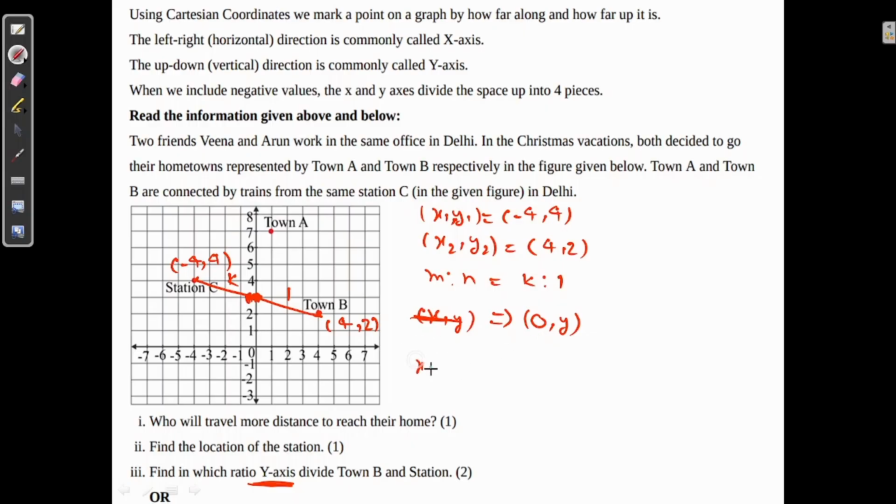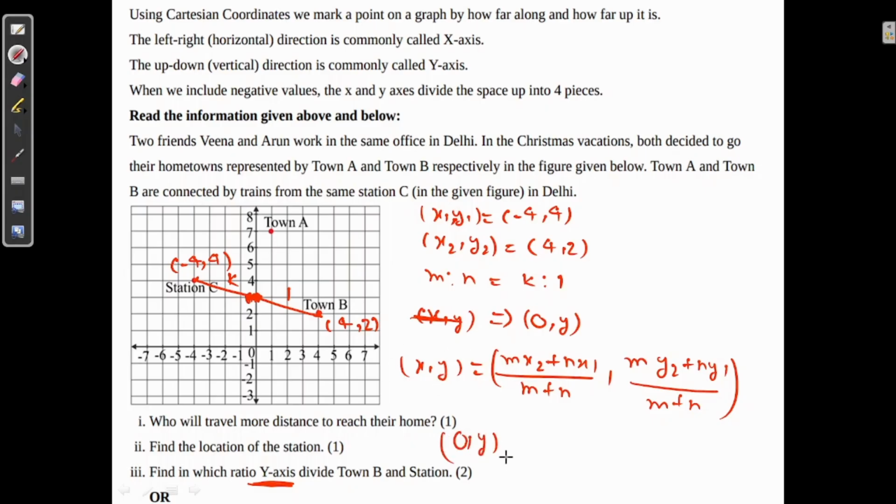Now I am going to apply the section formula, which is x comma y equals (mx2 plus nx1) upon (m plus n), comma, (my2 plus ny1) upon (m plus n). Just simple. So let me put the values here. What is x comma y? The dividing point, I have to take 0 comma y. What is the value of m?